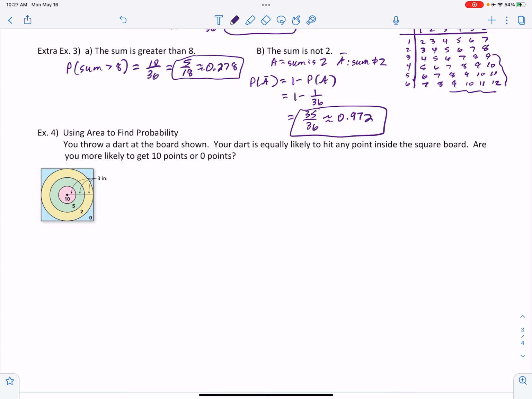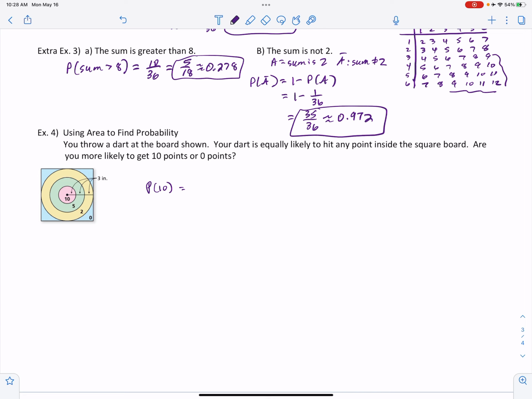So we need to find the probability of 10 points and the probability of 0 points. And the probability of 10 points is going to be the area of that small inner circle where you see the 10. And the 3 is pointing to each segment in there is 3 inches, so that the radius of the largest circle is 9, the radius of the smaller is 3.